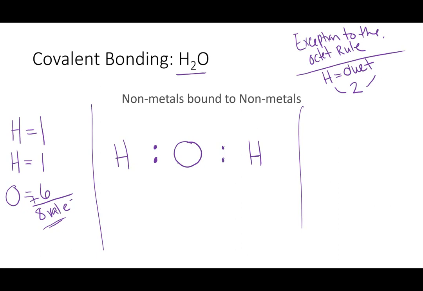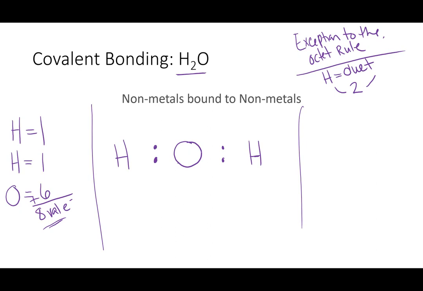So these 2 guys are sharing these 2 electrons. That satisfies both of those hydrogens. So, for example, this hydrogen is touching these two electrons. He's happy. This hydrogen is touching these two electrons, and he's happy. So I don't have to do anything else to the hydrogens.